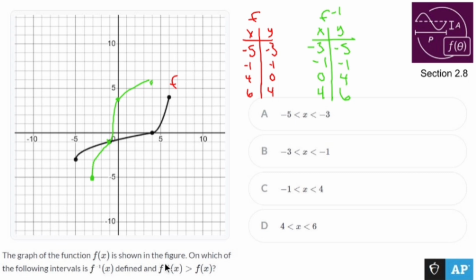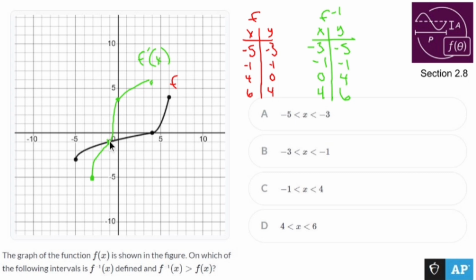I want to find where the inverse is greater than the regular f of x. Well, the inverse is green. And it looks like the moment we hit that -1, my green line is above this black line here, which means at this moment, f inverse of x's value, the green line, is higher than the f function.